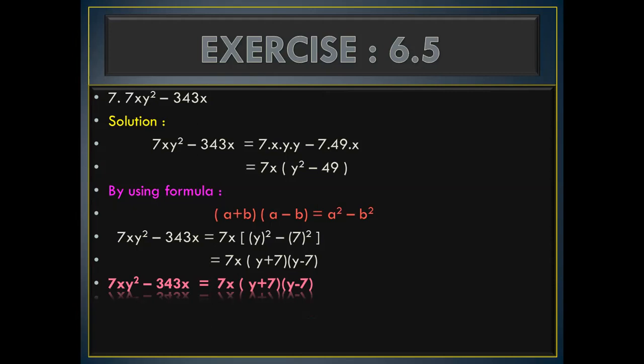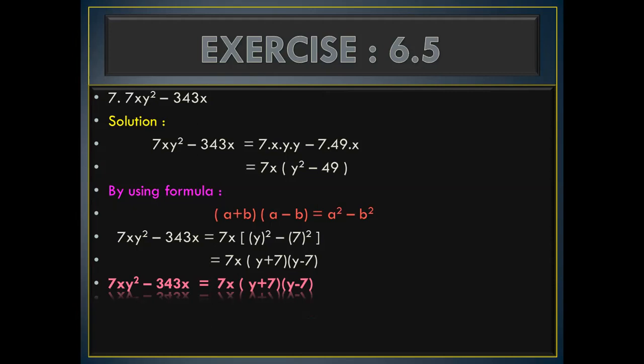It means that in this question we need to split the terms and see which terms are common. After taking common, we apply the formula. The factors of 7 are 7 into 1, and the factor of x is x into 1. So instead of this, we write 7 into x into y into y, I mean y square.